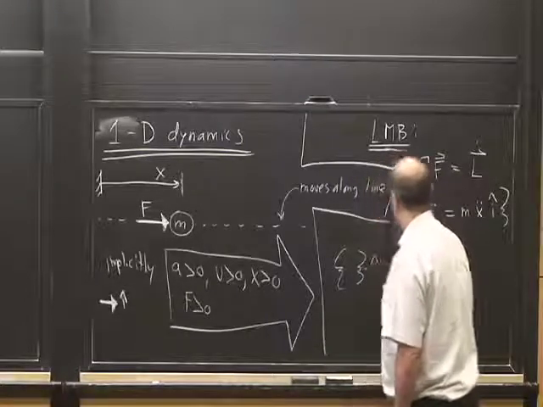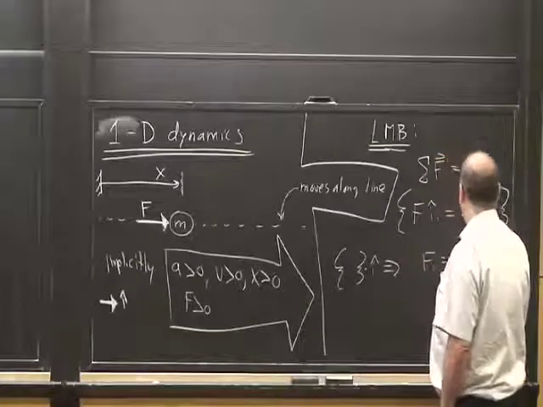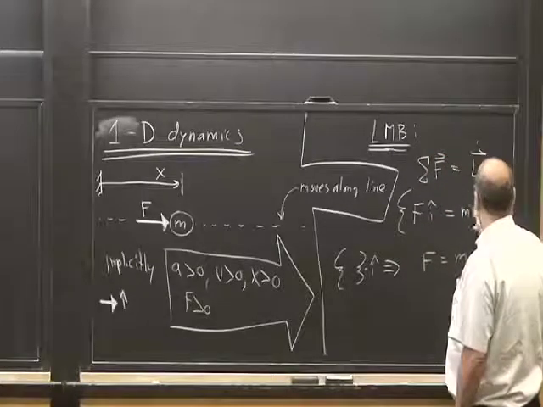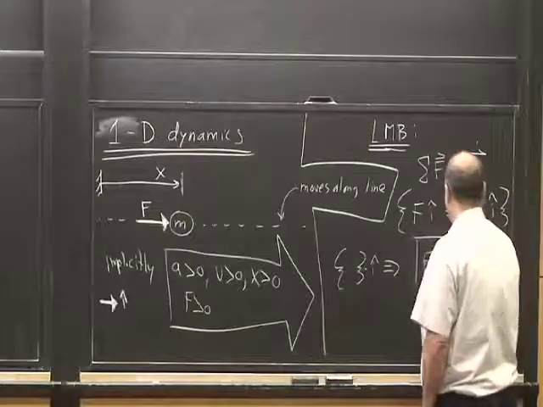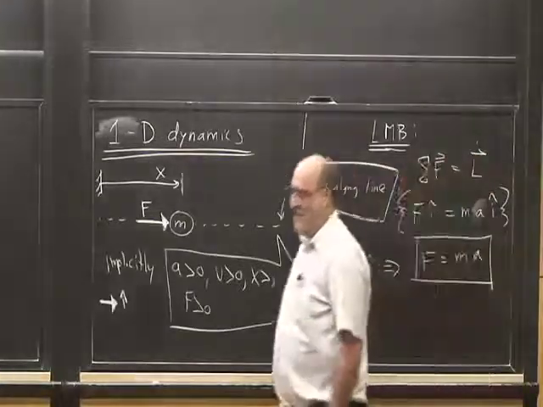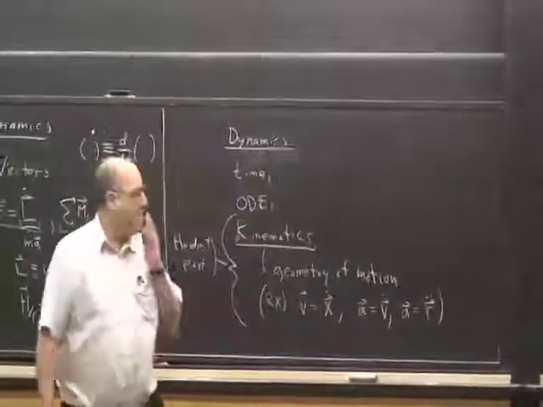So we take the dot product of both sides with I, and it tells us that F is equal to MA. Let me just call this A to start with. Or we could have started right with that equation, F equals MA, at least in the scalar case.